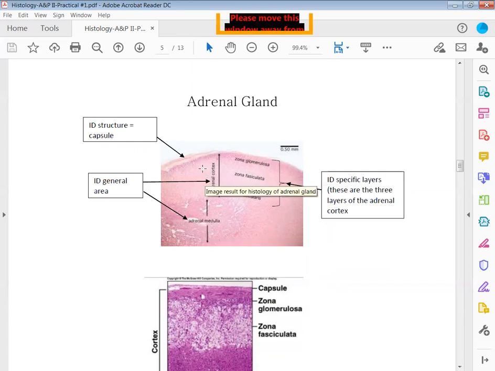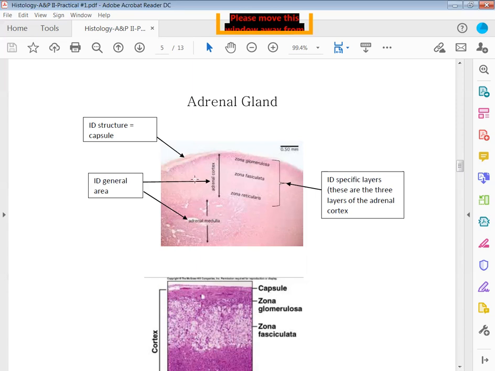So a cortex is always going to sit just below the capsule, and a medulla is always going to be in the middle. So again, on top here, you have the adrenal capsule. Then this lighter area just under the capsule is the adrenal cortex. And then inferior to the adrenal cortex, right in the middle, you have the adrenal medulla.